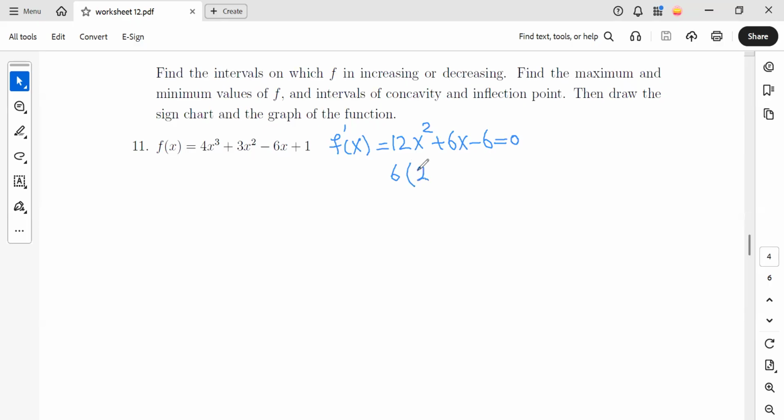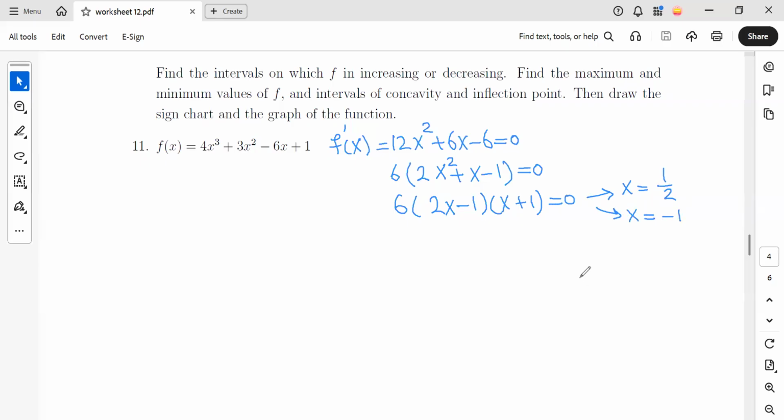We're left with 2x squared plus x minus 1 equals 0. Then it factors as (2x minus 1)(x plus 1) equals 0. So either x is 1 over 2 or x is negative 1.